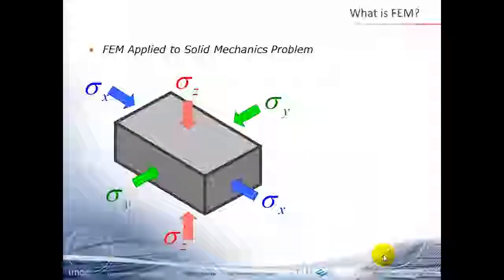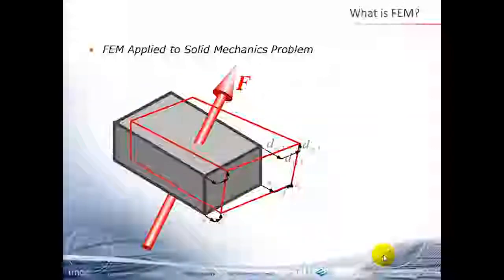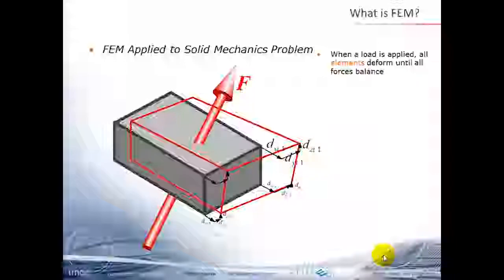So for the mechanical world, I have stresses on the faces, I have maybe volume forces, and due to that, the structure will deform. The forces will be balanced by elasticity forces. And actually this is described by Hooke's law.